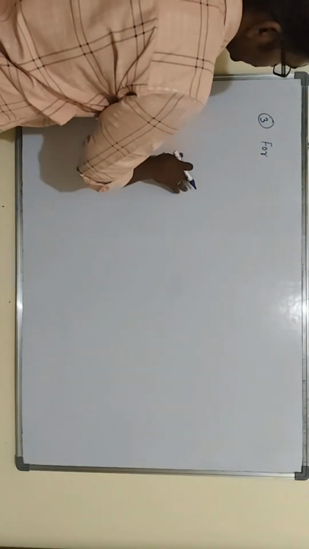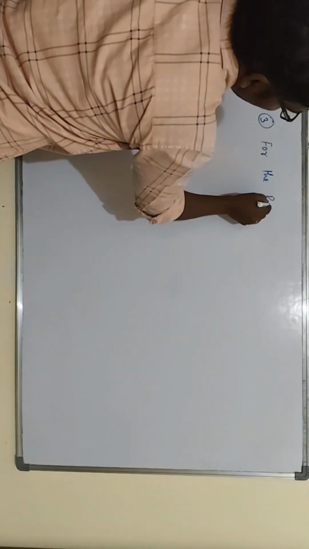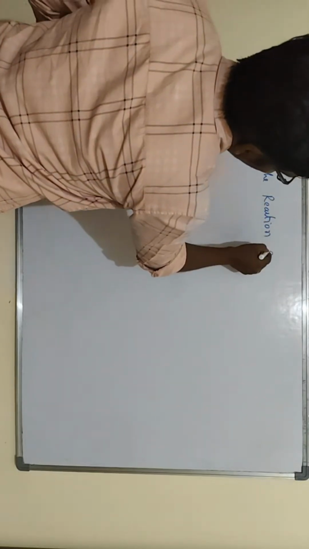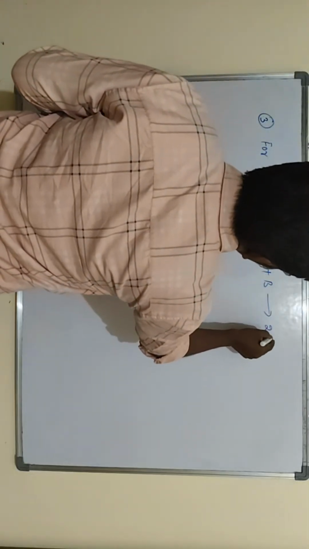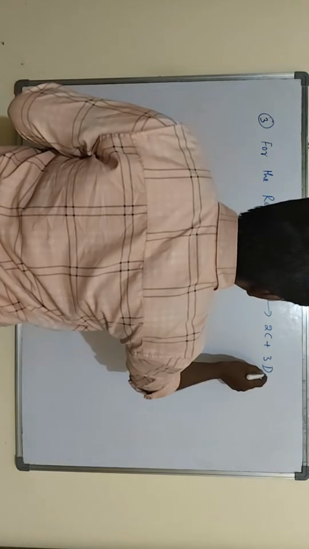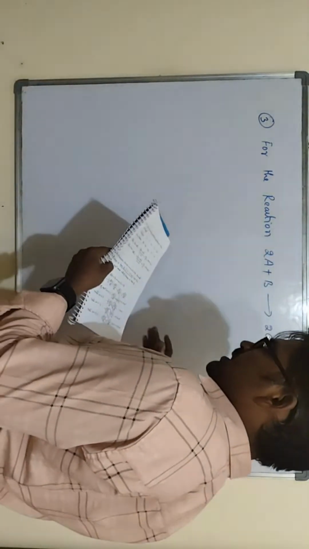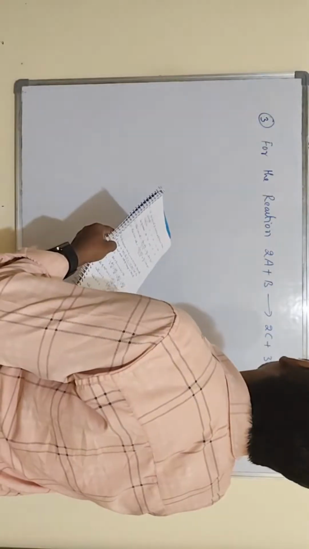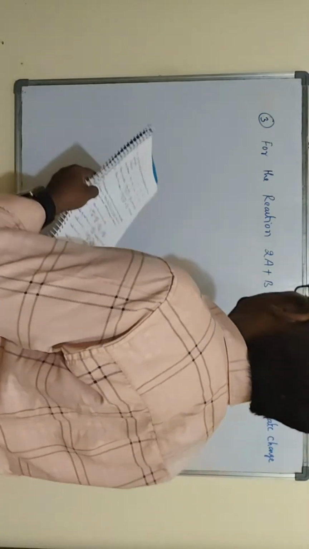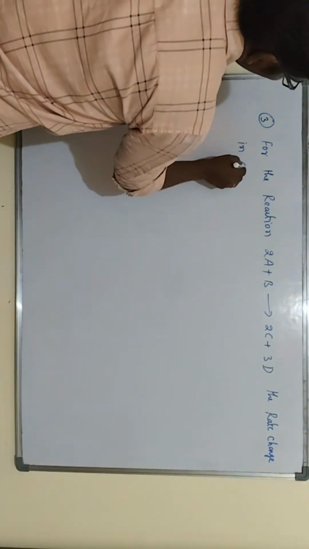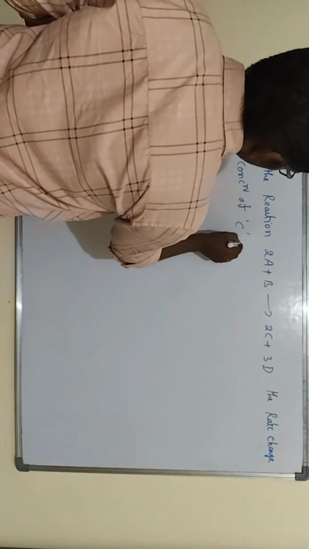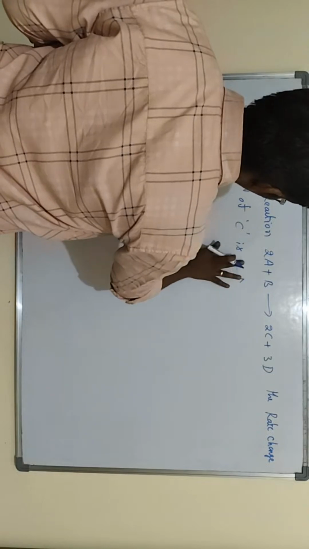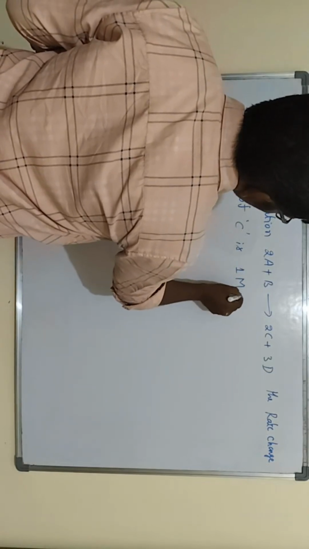For the reaction 2A plus B gives rise to 2C plus 3D, the rate of change in the concentration of C is 1 molarity second inverse.